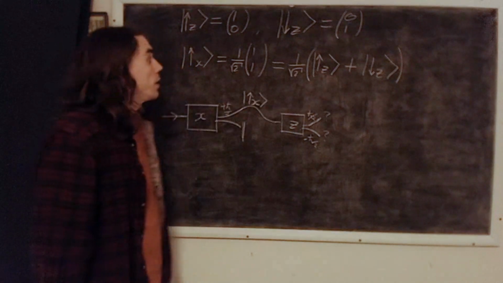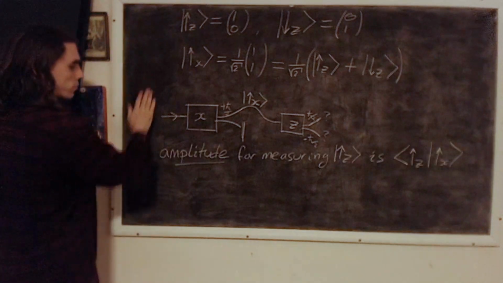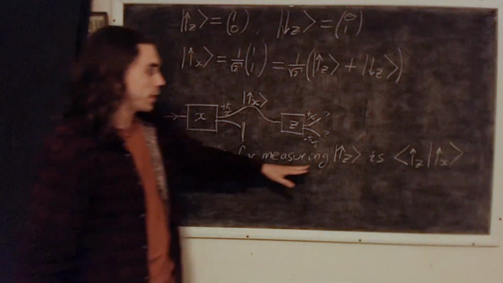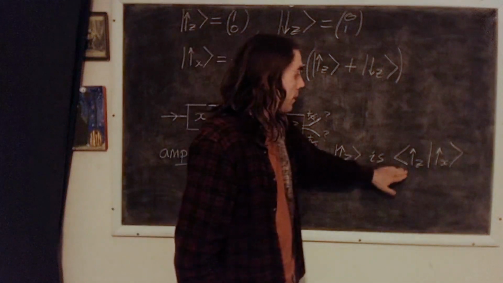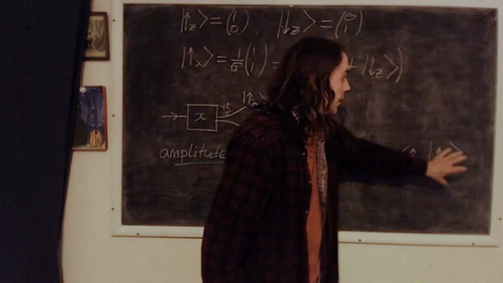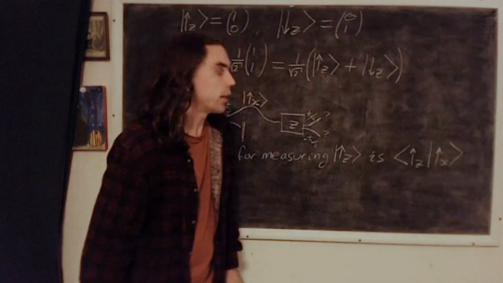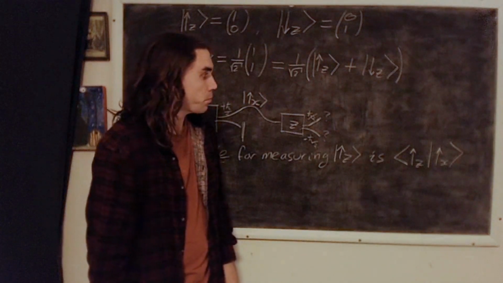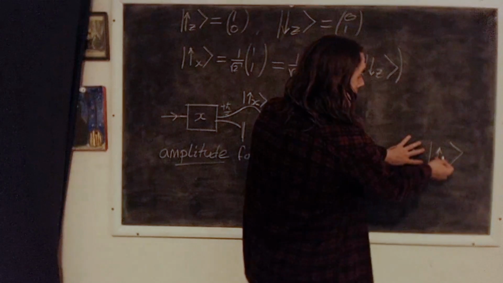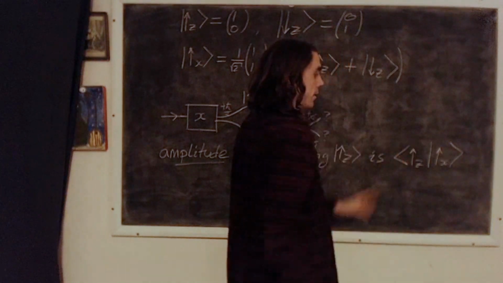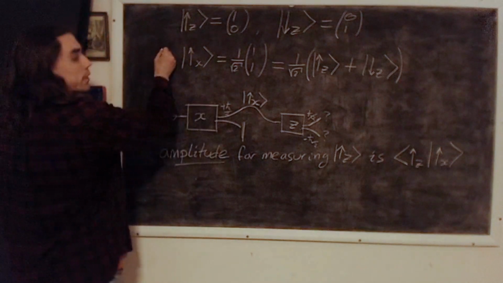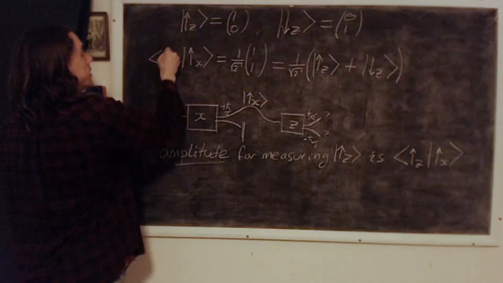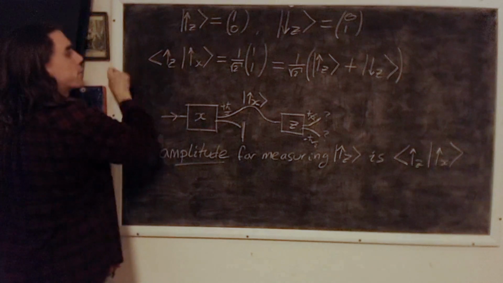Okay, so we have this result. The amplitude for measuring up in Z for a state which is known to be up in X is given by the inner product of up in Z with up in X. So we start from our initial state and we act with what we want our final state to be, and that will give us the amplitude. If we do that up here, we act with up in Z from the left.